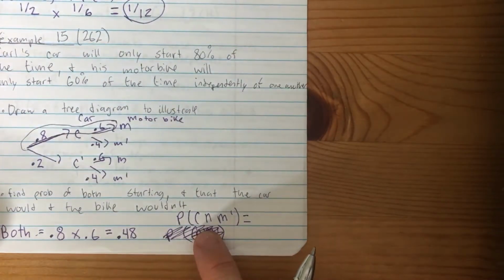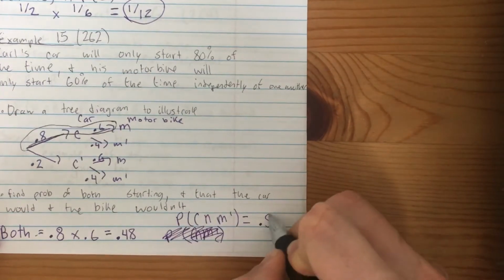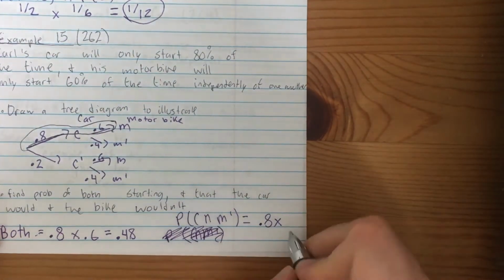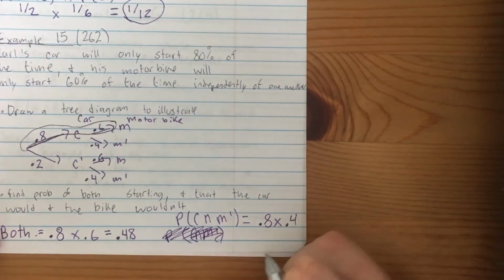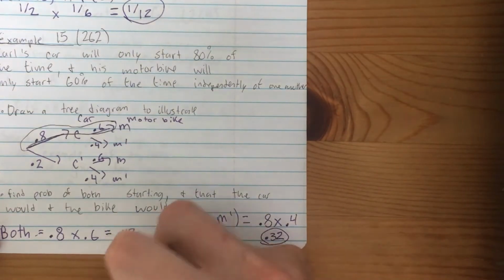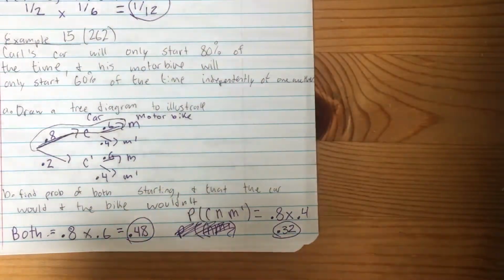We're going to calculate that by doing the probability of the car starting, which is 0.8, times the probability that the motorbike doesn't start, which is 0.4, which is going to give us 0.32. There's a 32% chance of that outcome occurring.